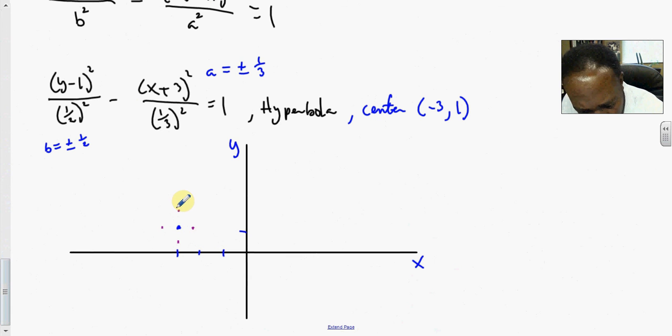Now from there, you want to be able to draw the rectangle, and then draw the so-called asymptotes that will go through the diagonals.